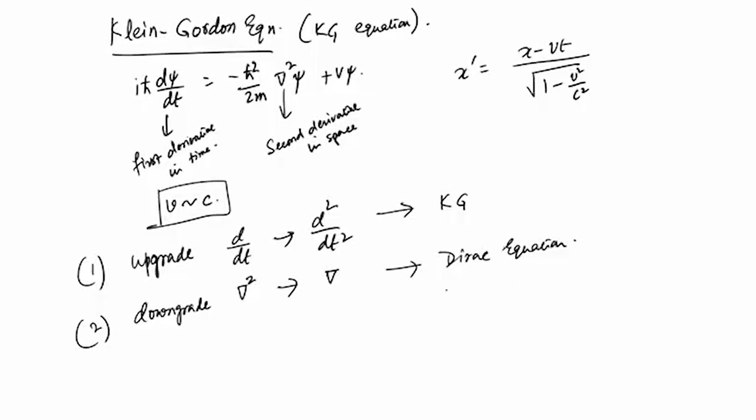But with proper interpretation of the charge density or the probability density, one can relate it to the appropriate wave equation for integral spin particles. Now, the Dirac equation of course does not have any of the anomaly, and it is relevant to spin half particles such as electrons, and in fact, most of the time we actually talk about electrons. So the Dirac equation in that sense is very important.